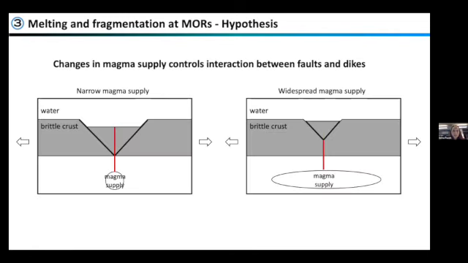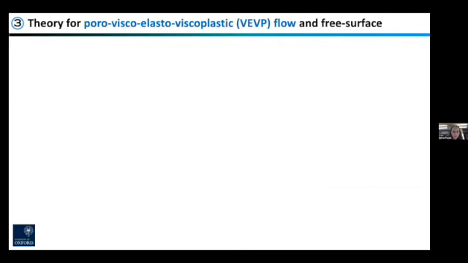Essentially, I want to test in a simple view whether having a narrow magma supply might affect a different diking and fault pattern versus having a wider magma supply. As I mentioned earlier, the geometry of the magma supply is probably controlled by the extension rate, but I'm going to put that aside for the moment.